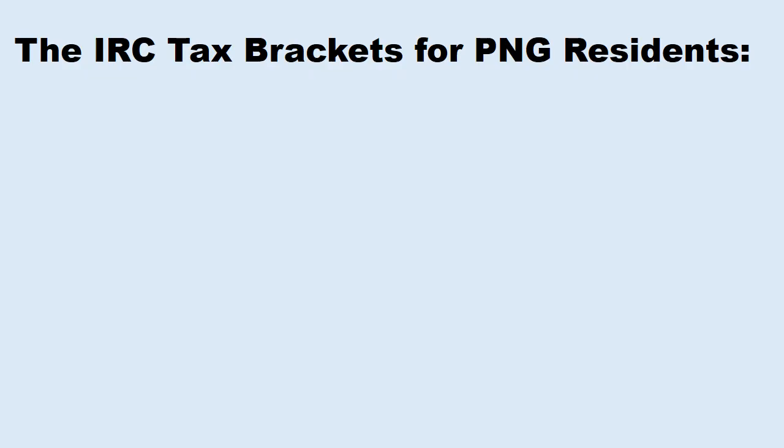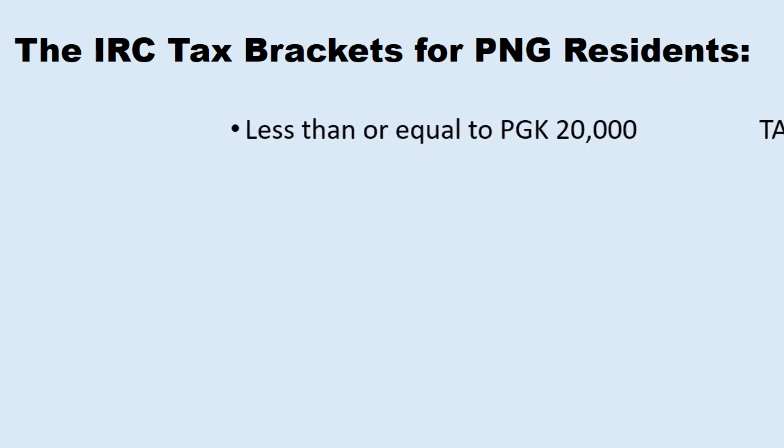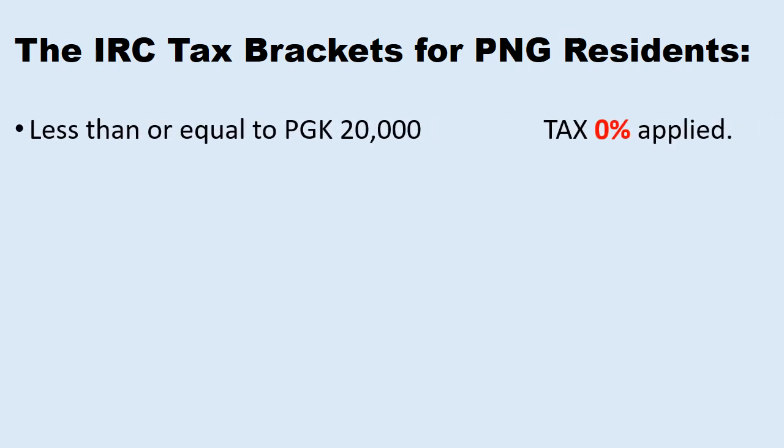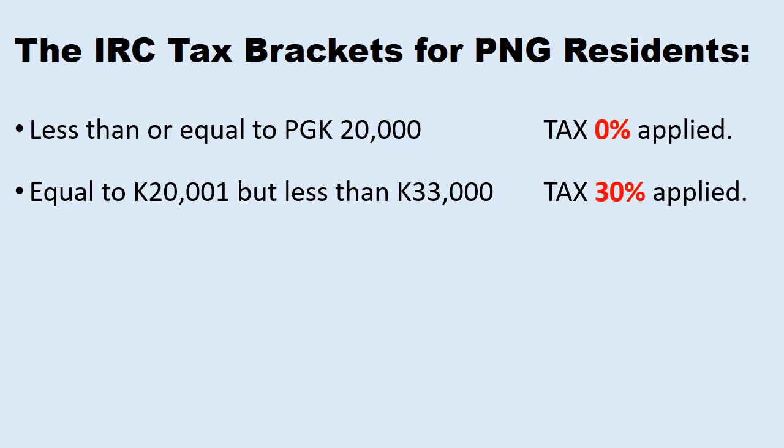Okay, anyway, sorry, let's go to the IRC tax brackets for PNG residents. Income that is less than 20K, you don't pay any tax on it. Income between 20,001 kina and 33,000, you pay 30% tax.